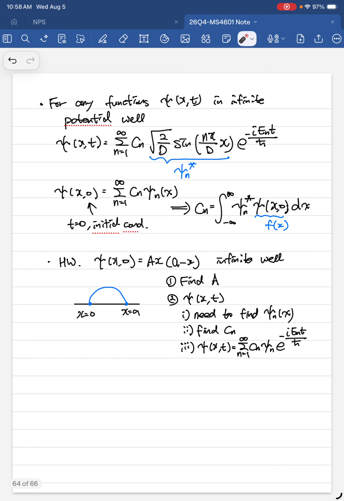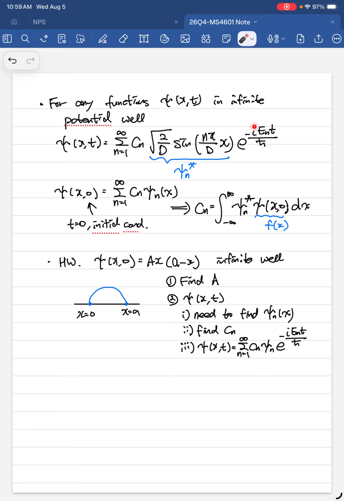Okay, so now if we consider the time-dependent term, and also for the infinite potential well, psi of x comma t is, like we put down here, a linear combination of wave functions multiplied by the time-dependent term. And then we consider the initial condition first, being t equals 0.